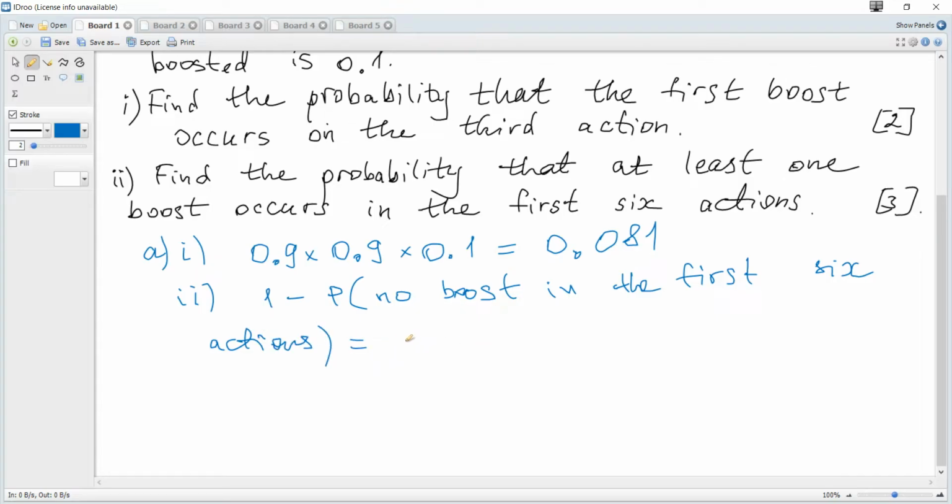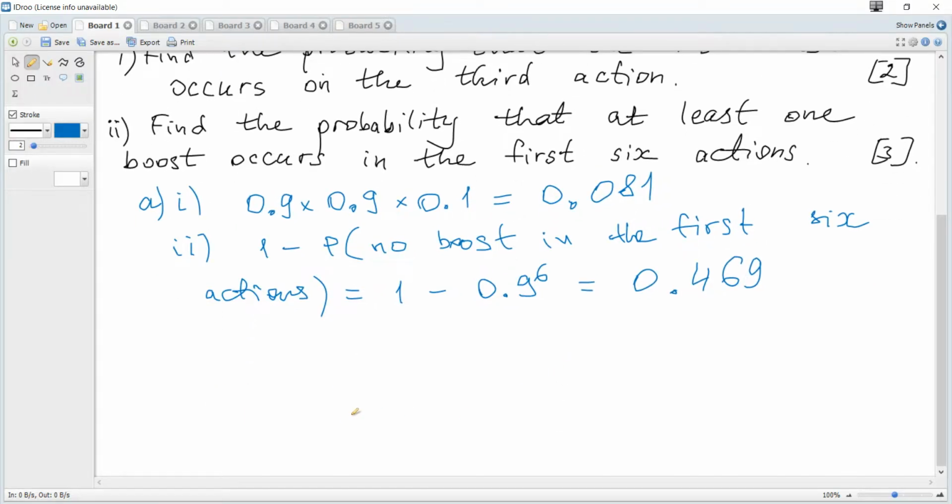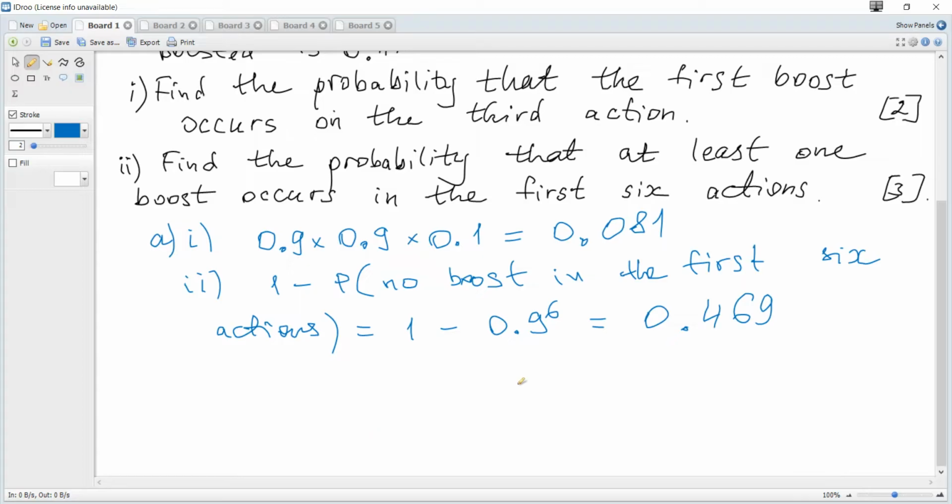Since there are no permutations, all events are the same, and each event is no boost, so it's just 0.9 to the power of 6, which is equal to 0.4692, to 3 significant figures. It's definitely a binomial distribution and can also be calculated as binomial, but when there are no permutations, all events are the same, it's just to some power.